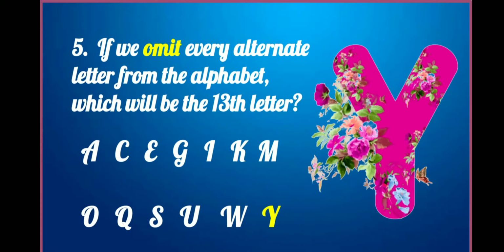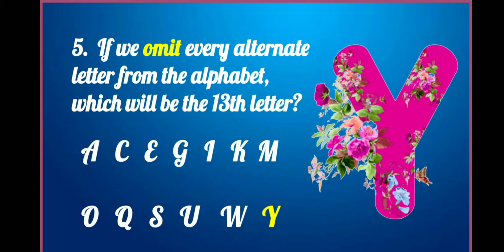Next: if we omit every alternate letter from the alphabet, which will be the 13th letter? Here I omit one letter. You can see A, B out, C, D out, E, F out. In this way, we will find Y is coming in the 13th place.